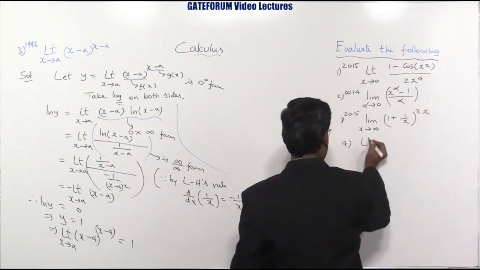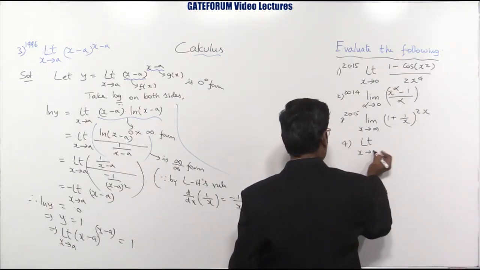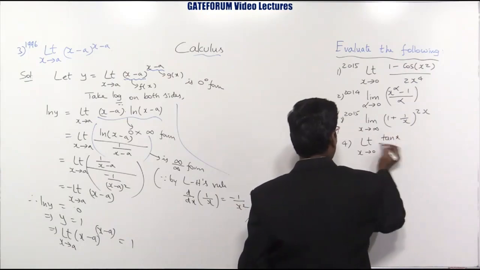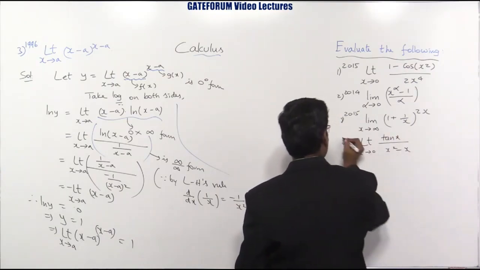And number 4: limit x tends to 0 of tan x by x square minus x.